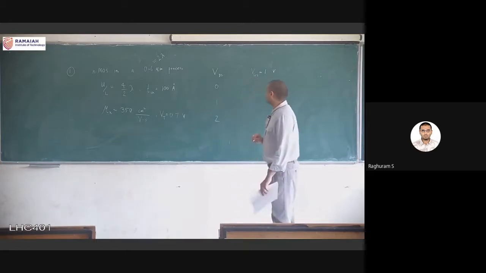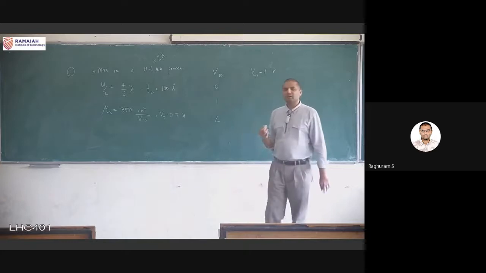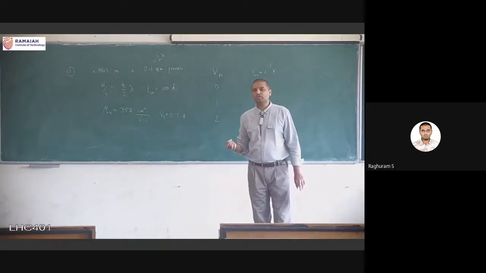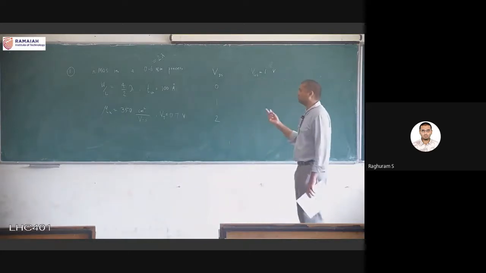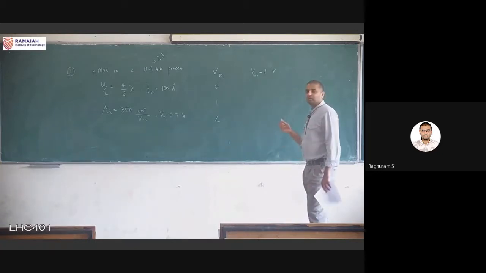Okay, so let's look at this first one. Basically I just want to explain the approach, that is how we approach these current calculation problems. So this one is very direct. Okay, we just have all the numbers, we just want to plot it.